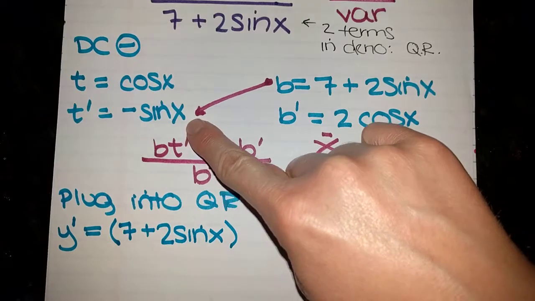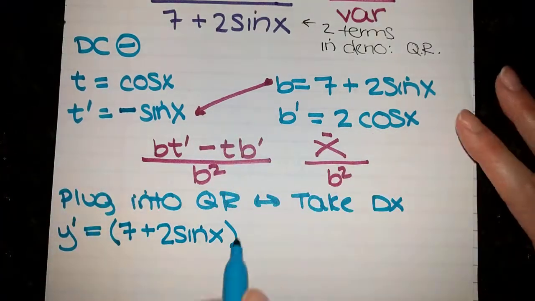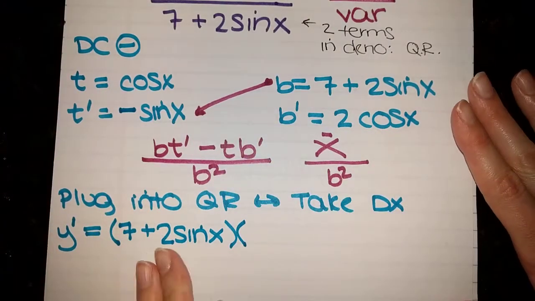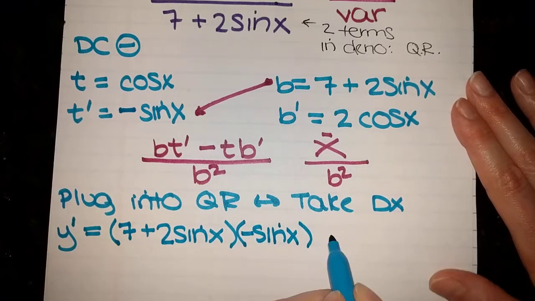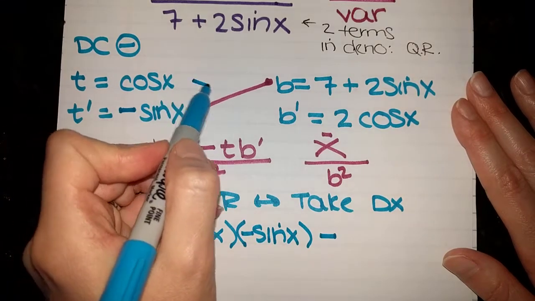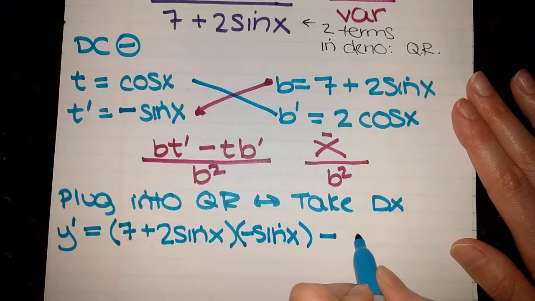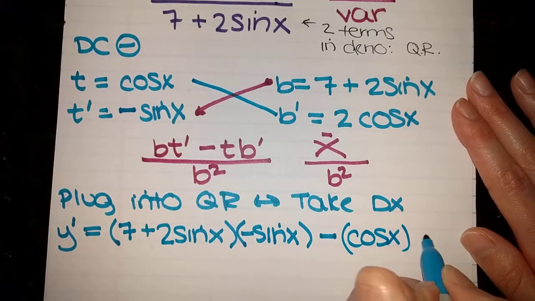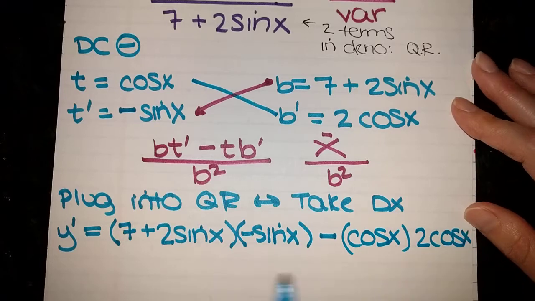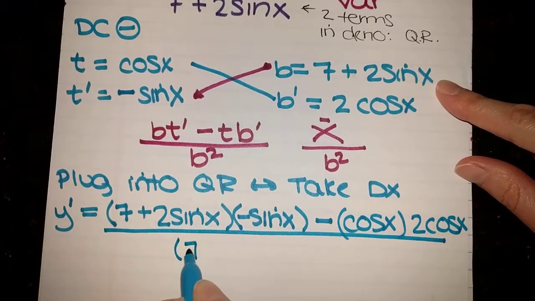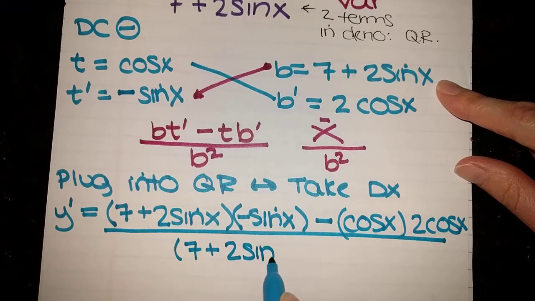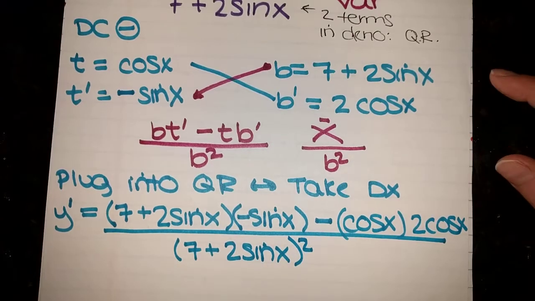And then the top function's derivative has a negative sign. So we want to be very clear that this is being multiplied, so we'll have negative sine x in parentheses. Minus, and then we take this diagonal. So it's going to be cosine x times 2 cosine x, all over the bottom squared. So the bottom squared here is 7 plus 2 sine x, quantity squared.